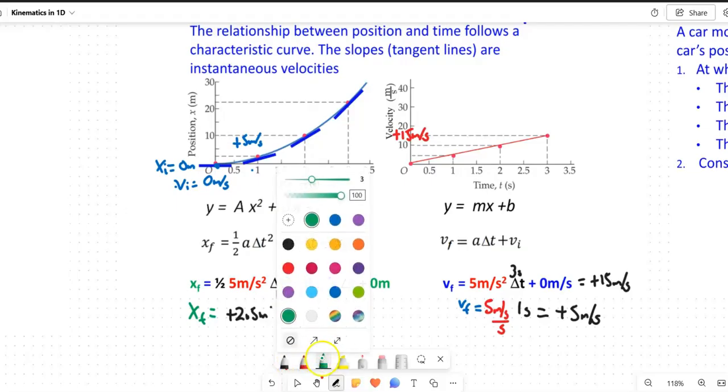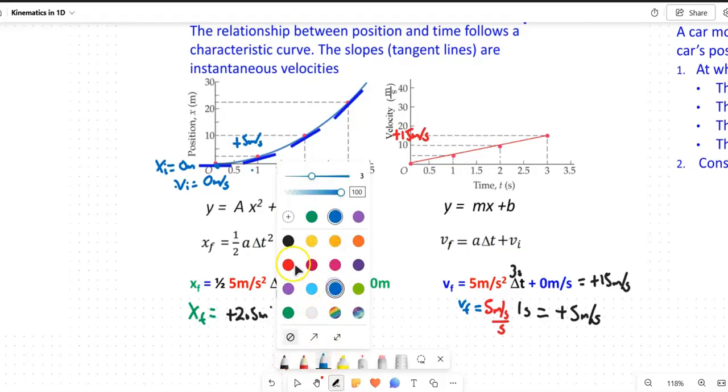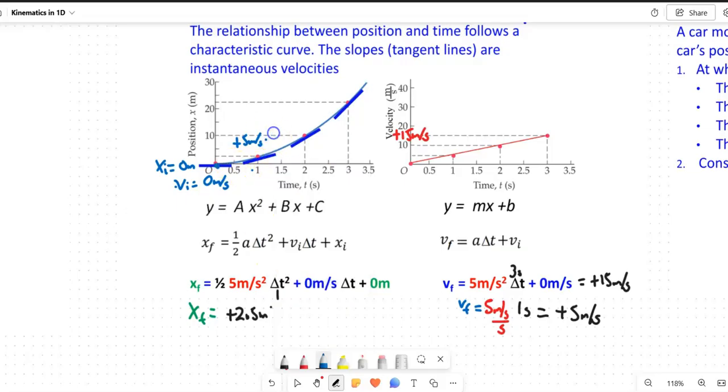Let's call this v1, the velocity at 1 second.